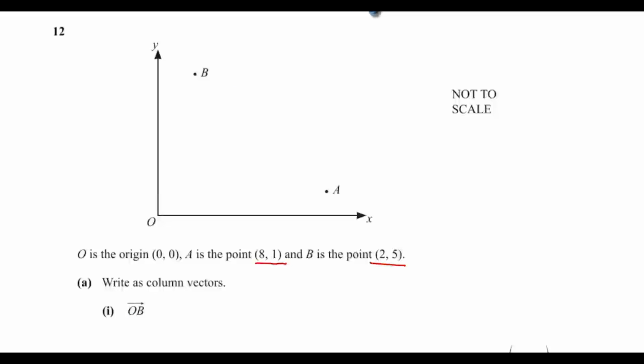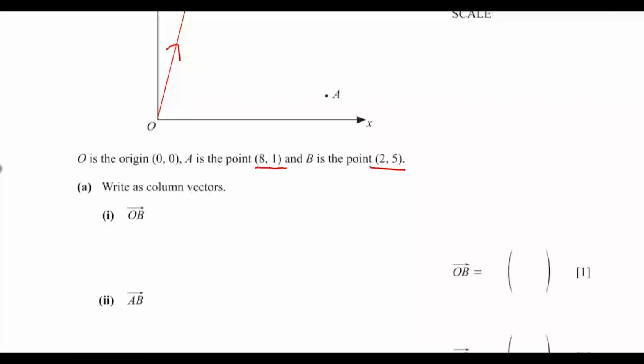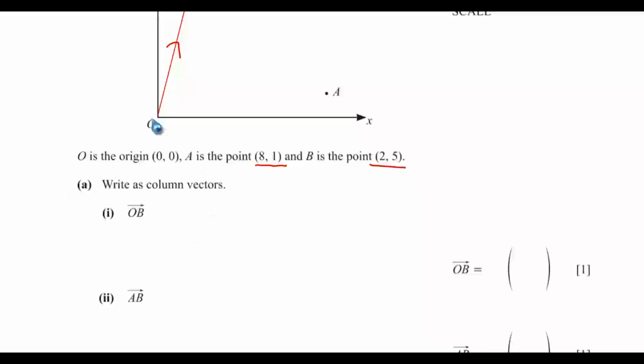Okay, for OB, it's like we are moving from here to this place, and the direction is upward there. So that means we are moving along the x-axis and up along the y-axis. So OB will be 2 to the right and 5 up. That's the column vector.